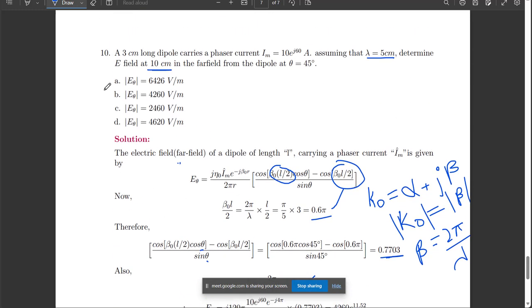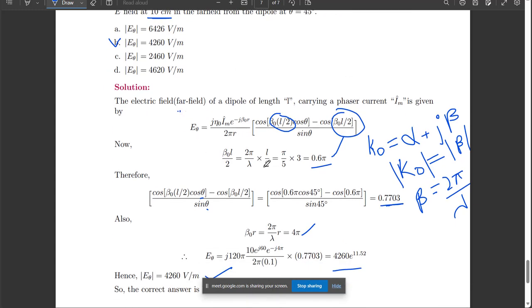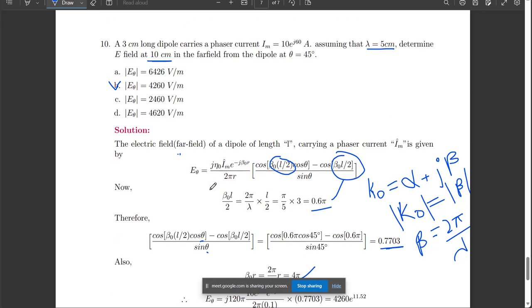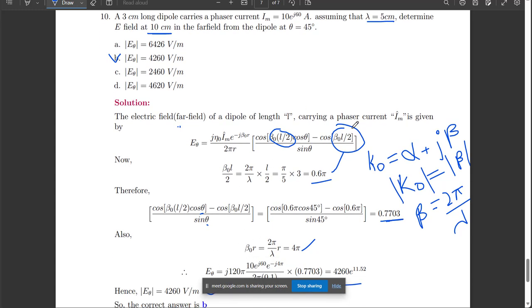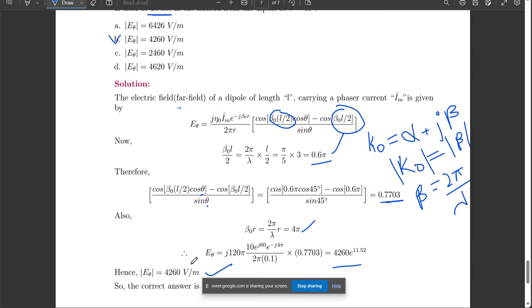So the answer will be B, right? This is the formula that you have to use. The professor would have told you this. You just need to know what to put in the terms of beta naught L by 2 and then beta naught r. Once you know that, you will be able to solve this question.